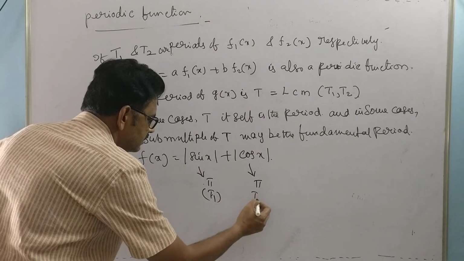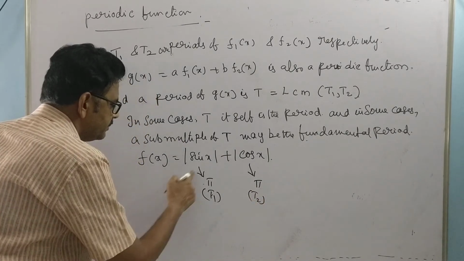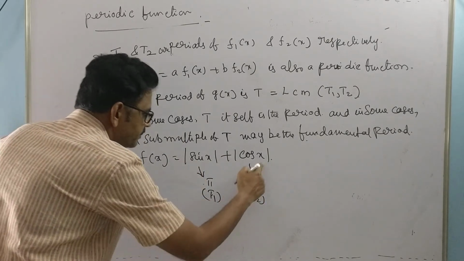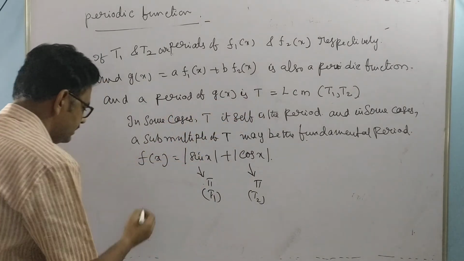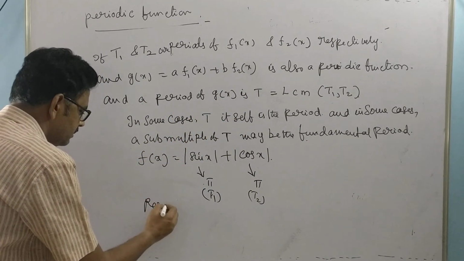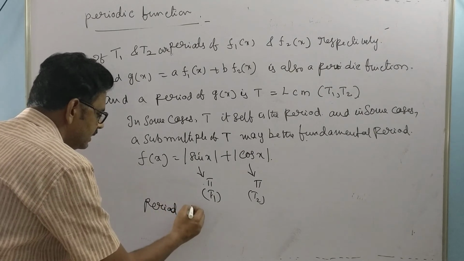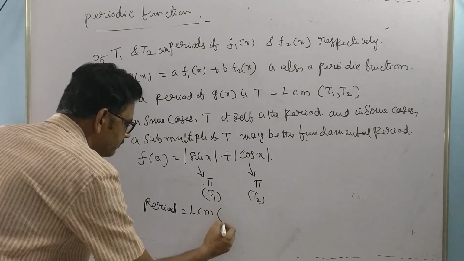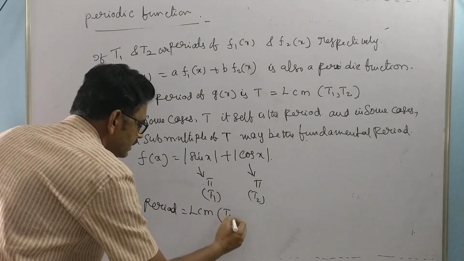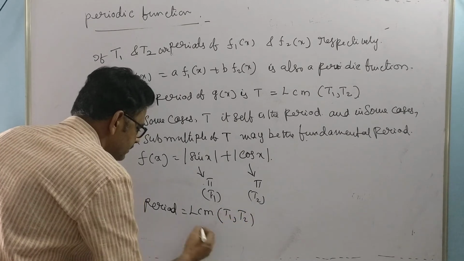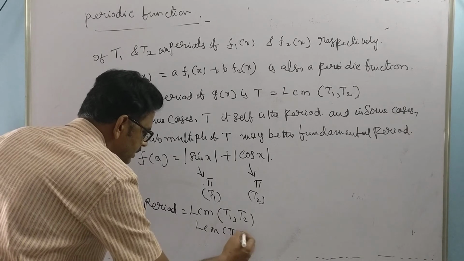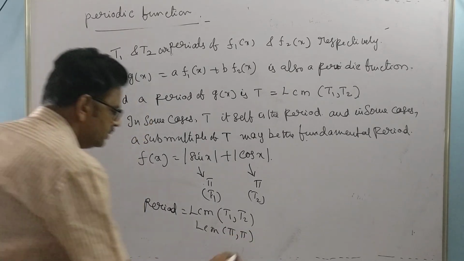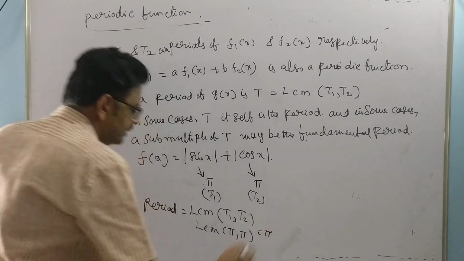What about this one? t2. t2 is the period of mod cos x. Now the period of the given function would be LCM of t1 and t2, that is LCM of pi comma pi, which is equal to pi.